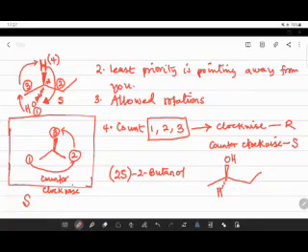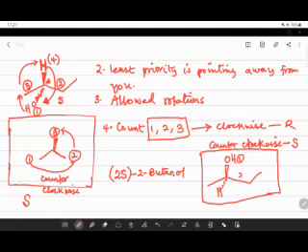So the molecule here will be the 2R 2-butanol. And you can clearly see this is priority number 1, this is priority number 2, this will be priority number 3, and this will be priority number 4.